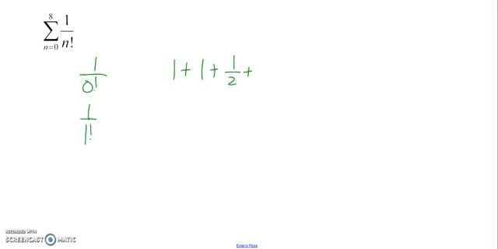1 over 3 factorial is 1 over 6, plus 1 over 24, plus 1 over 120, and that's 5 factorial, so now I have 6 factorial, 1 over 720, plus 1 over 7 factorial, 5040.